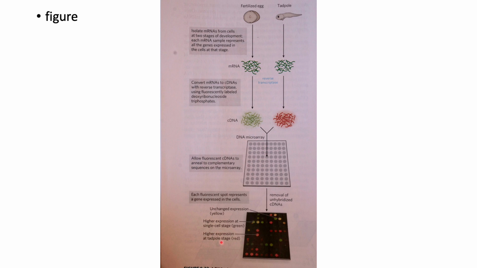So higher expression in the tadpole, for example, or higher expression in the single cell stage is green. You can have unchanged expression, yellow, and these are very useful because the combination of colors reflects the combination or lack thereof.